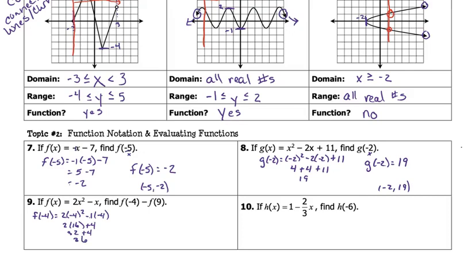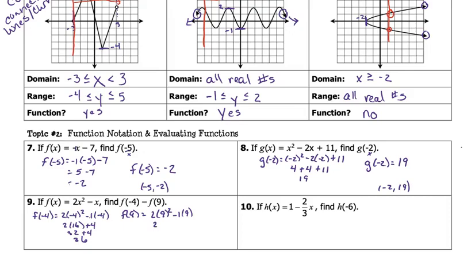Okay, now let's find f at 9 real quick. So f at 9 would be 2 and then 9 squared, and it has to be in those parentheses, minus 1 times 9, right? That's minus 9 there. 9 squared is 9 times 9, 81.